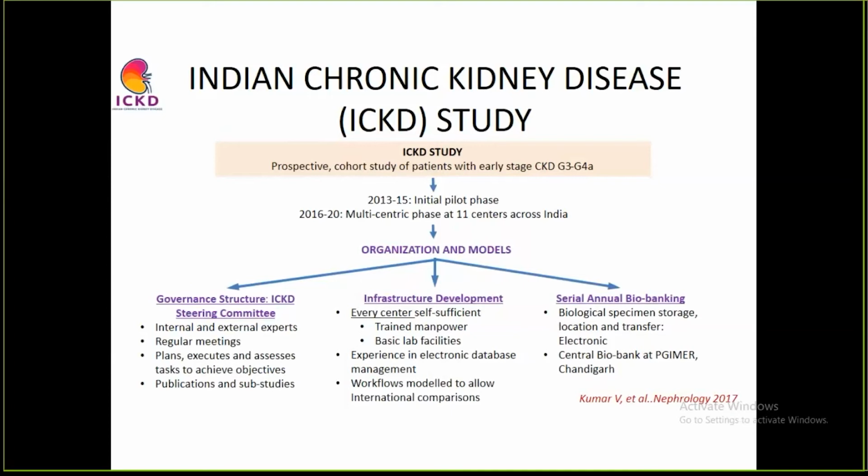Every center is self-sufficient, has trained manpower with basic lab facilities, and has experience in electronic database management. There has been serial annual biobanking of samples such as urine, blood, and DNA at each center, which is then shipped to the central biobank that is being created at PGI Chandigarh.